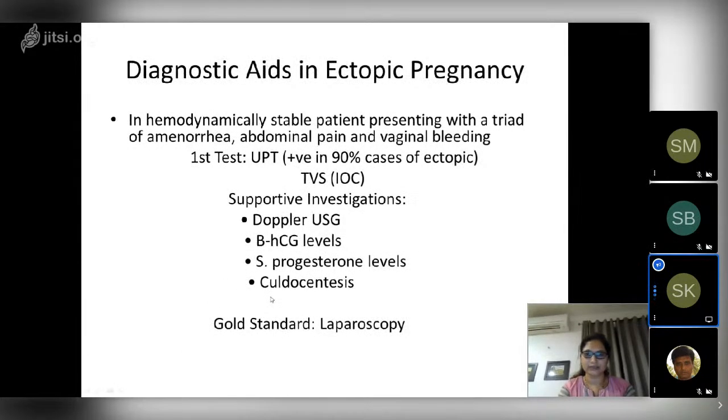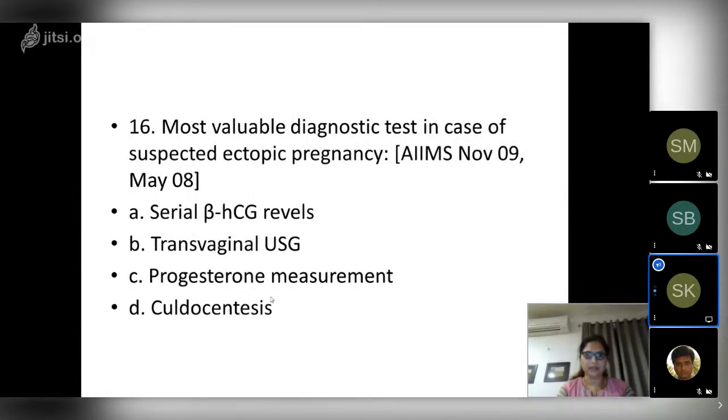Now we continue with the next questions. Now, the most valuable diagnostic test in case of suspected ectopic pregnancy is... Students, I want you to be interactive here. I will read out the question and I want you all to answer as quickly as possible so that we cover the maximum question answers today. I don't want it to be a one-way thing.